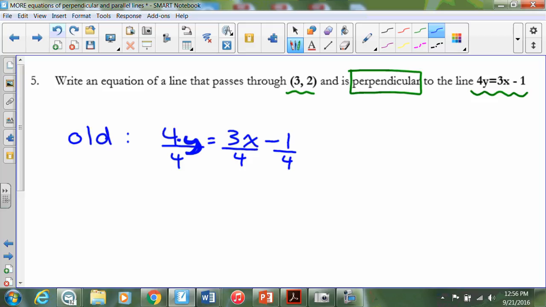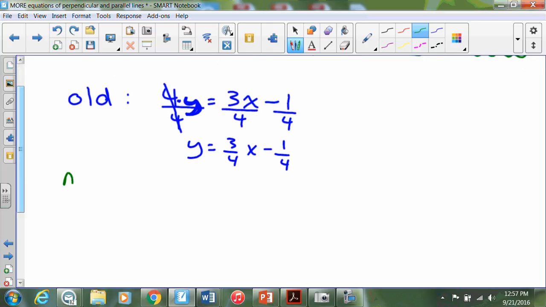And so what happens then is the 4's cancel each other out, and we get y = 3/4 x - 1/4. So in this particular type of problem, we have to do some work to the old equation before we get to find the slope.